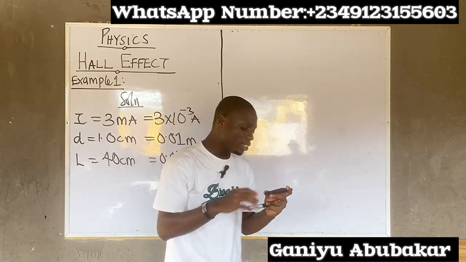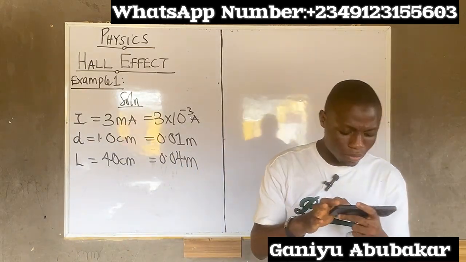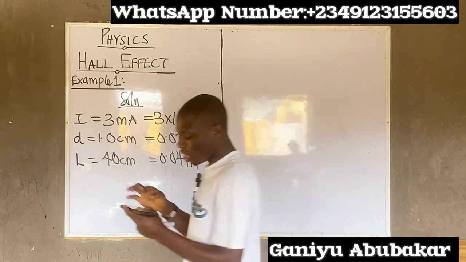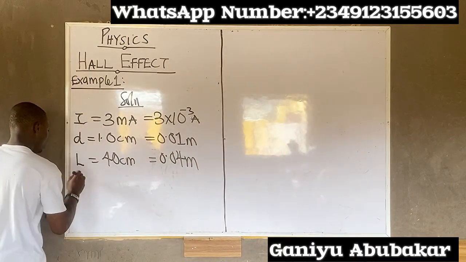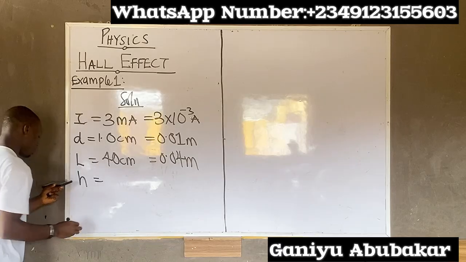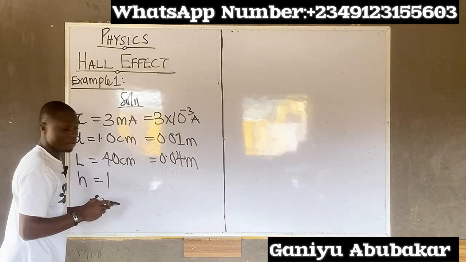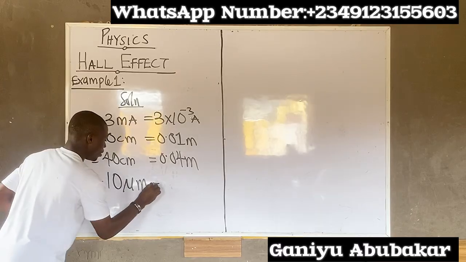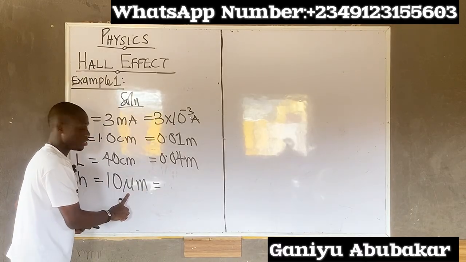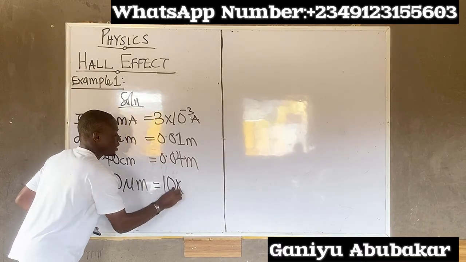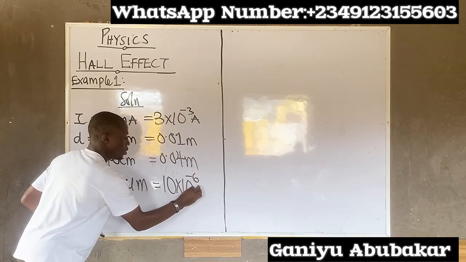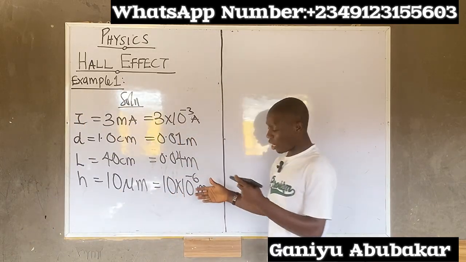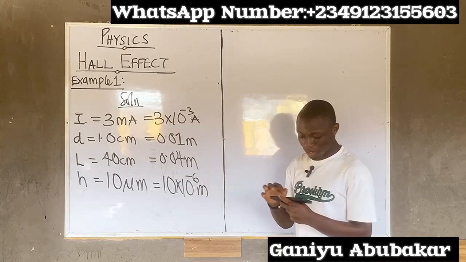All right, next task there, it says 10 micrometer thick, that's H. So H is the thickness, that's 10 micrometer. Micro is 10 to the power minus 6, this gives you 10 times 10 to the power minus 6 meter. That's the value of H here.